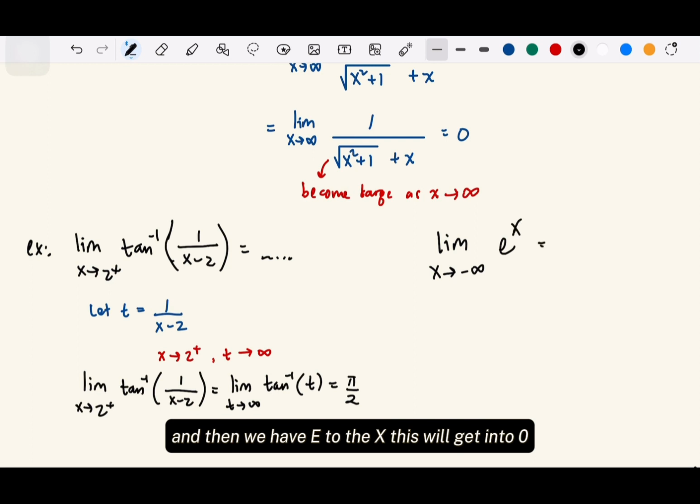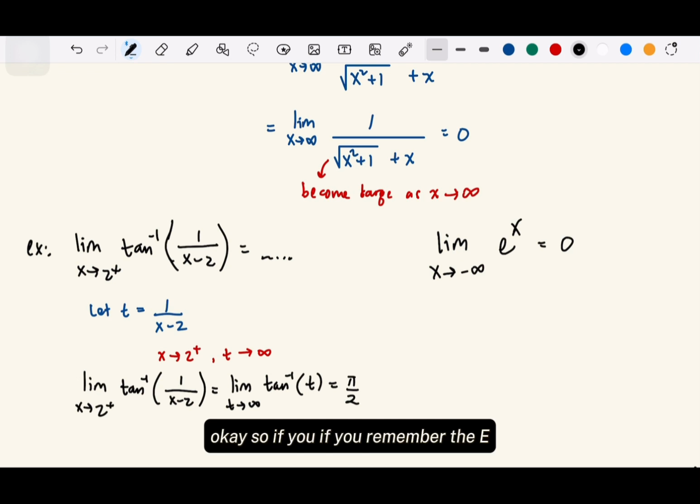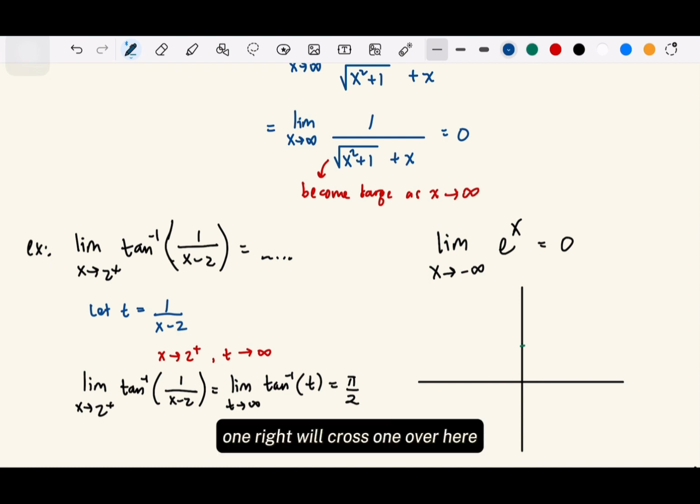This will get into 0. If you remember the graph of e to the x, it will cross 1 over here, and then we have that.